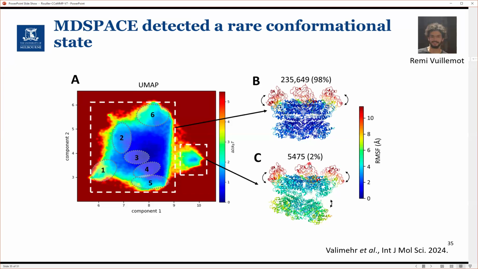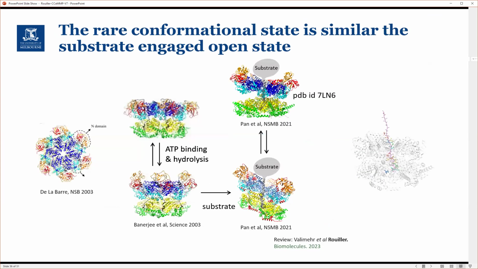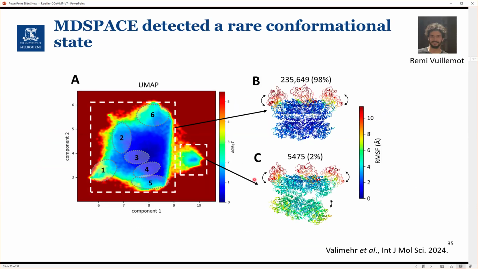So this demonstrates the power of the technique, as we were able to determine the conformation of a very small subset of particles. And in this conformation, what we saw is that the D1 and D2 rings were in an open conformation. And so this was interesting.